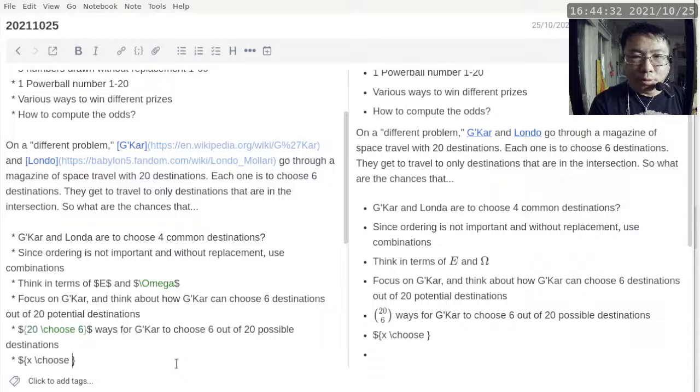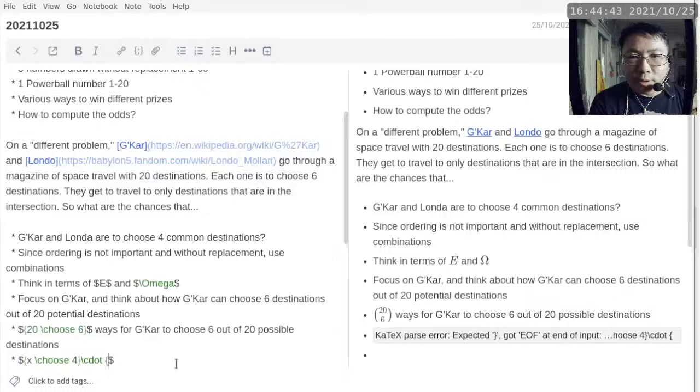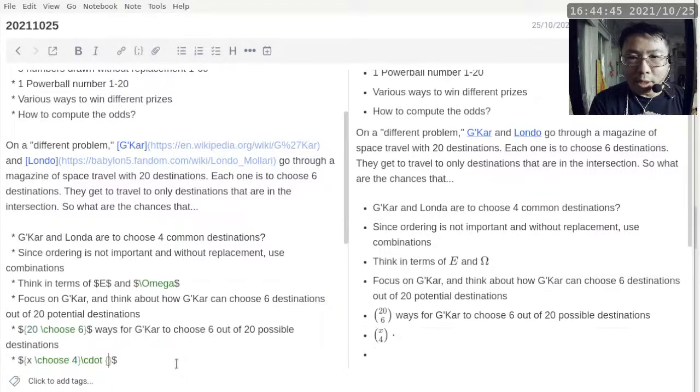We're going to have to figure it out. So we are dealing with something choose 4 times, and we can use a \cdot for times, and this time around we're going to have something else, choose 2.